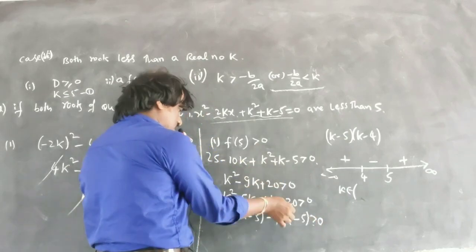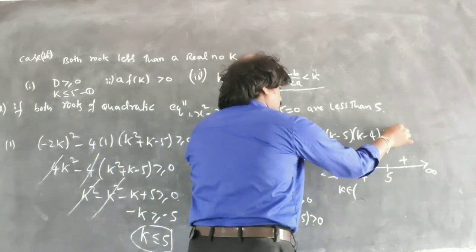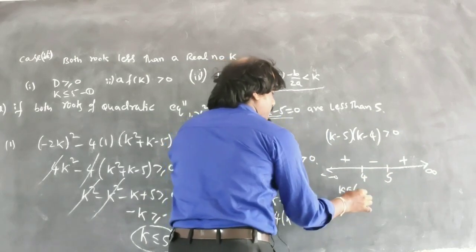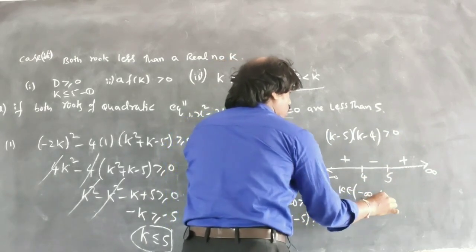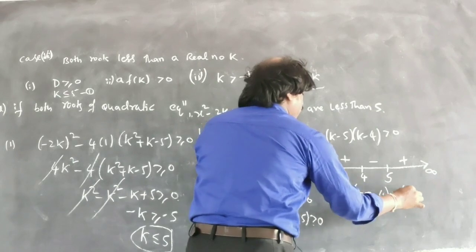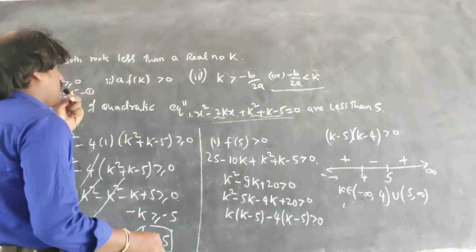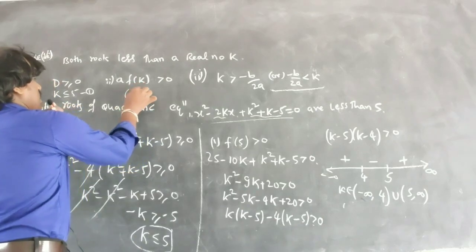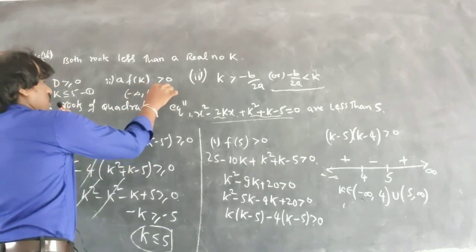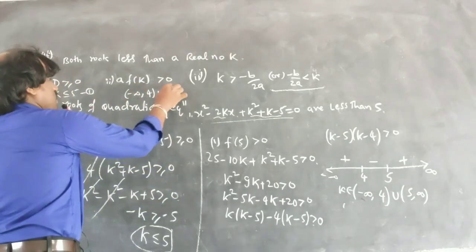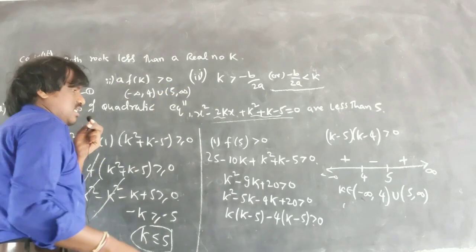You have a greater than symbol, so positive is the answer. That is minus infinity to 4 union 5 to infinity. So case number 2 is minus infinity to 4 union 5 to infinity. This is what you got in case number 2.